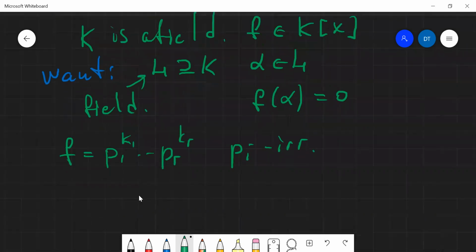So if I solve this problem, for example, for P1, and I find a larger field with a root for P1, then will this L, together with this alpha, solve the same problem for F? So if alpha is a root for P1, it's a root for the whole polynomial F. So in order to find such a field, we can replace f by p1, and we may consider the case where f is just a reducible polynomial.